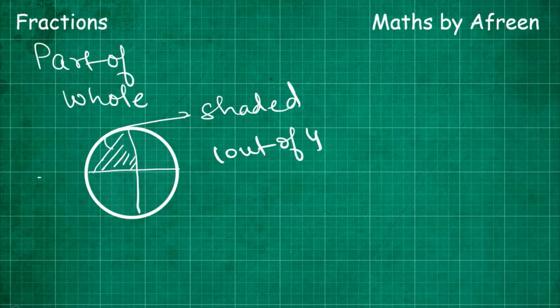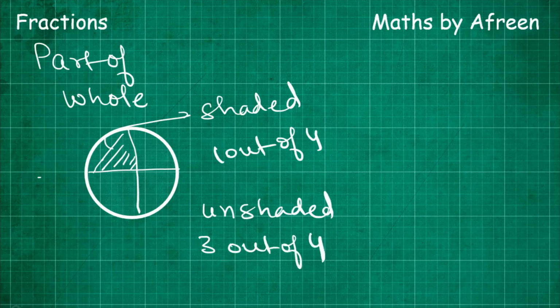Similarly, if someone asks how many parts are unshaded, we can say 3 out of 4. As we can see here, 1, 2 and 3. There are 3 parts which are unshaded in this whole circle.